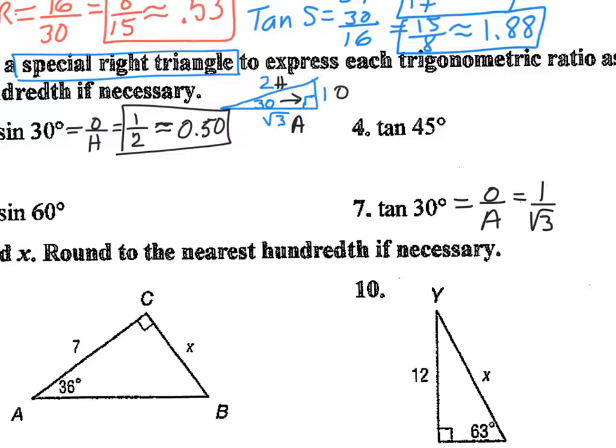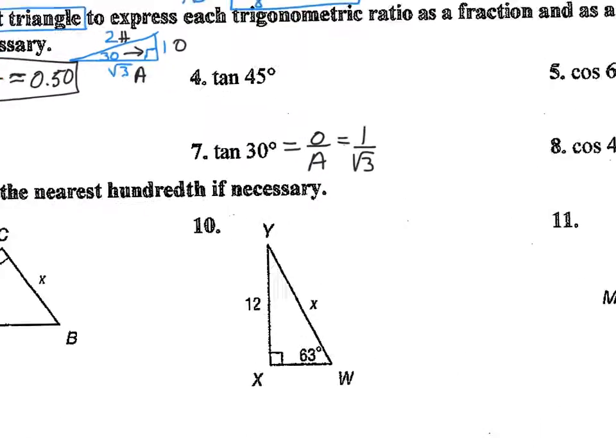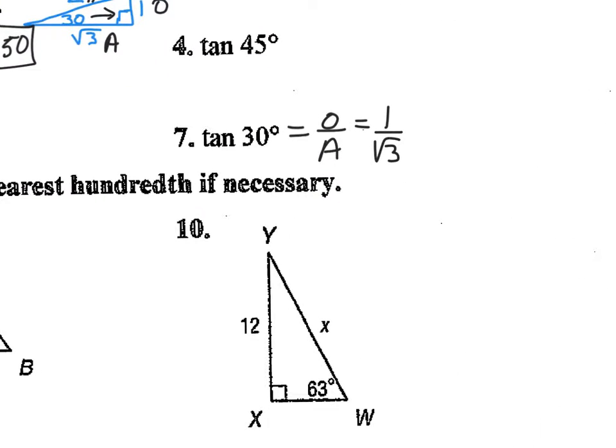Can you leave an answer with a radical in the denominator? No. What do we do then? You multiply top and bottom by what? In this case, by the square root of 3, because you need to rationalize. So when you rationalize, you get square root of 3 over, what's the square root of 3 times the square root of 3?